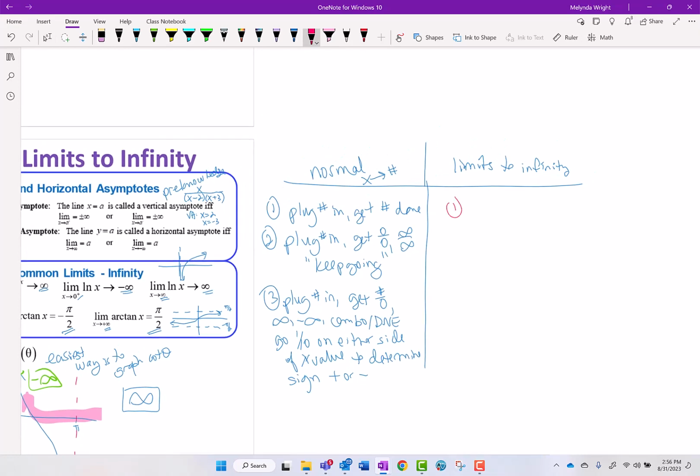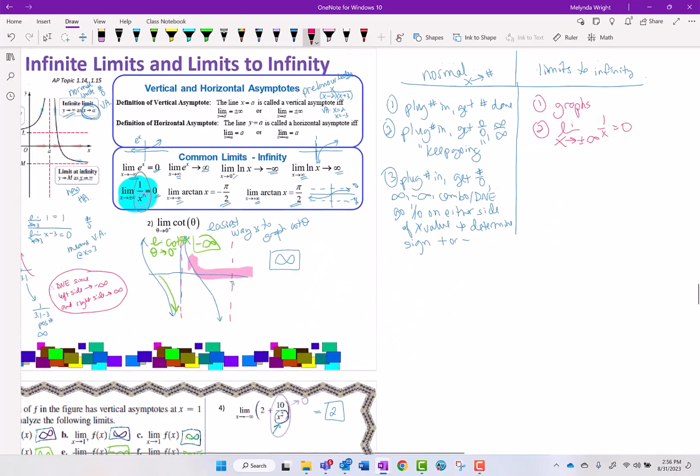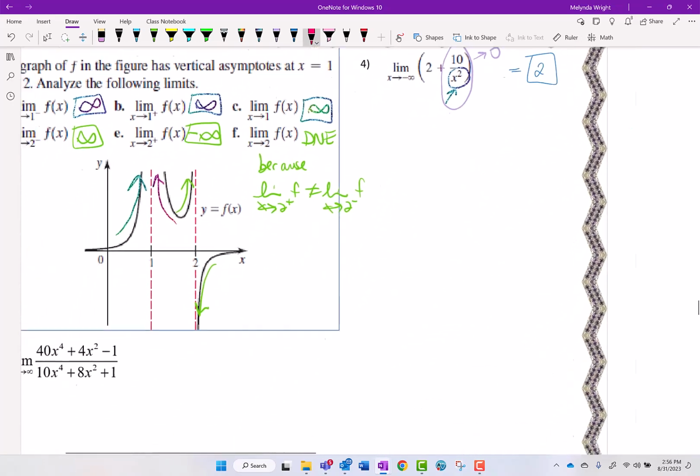Okay, number 1, graphs. And number 2, that special limit: the limit as x goes to plus or minus infinity of 1 over x equals 0. That's a really big deal. Okay, really big deal. Okay. So that's adding to our list.